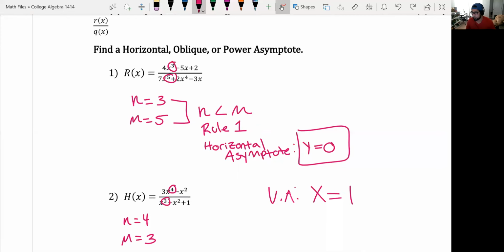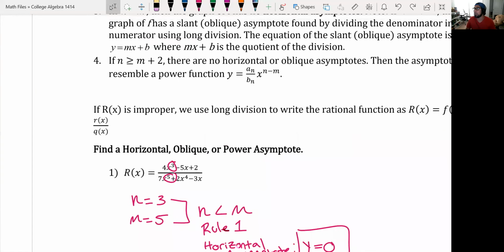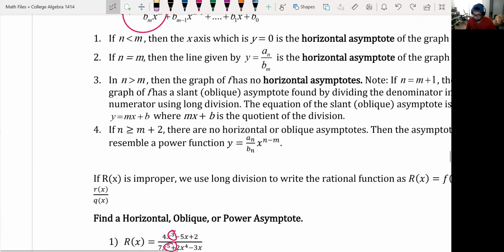It has to be x equals 1. Same goes for horizontal asymptotes. If you said my horizontal asymptote was 0, it's going to be incorrect. It needs to be an actual equation. 0 is a number, y equals 0 is a line. Just forewarning you, don't make that mistake. Unless my math lab wants you just to type the number in, then lucky you. Okay.